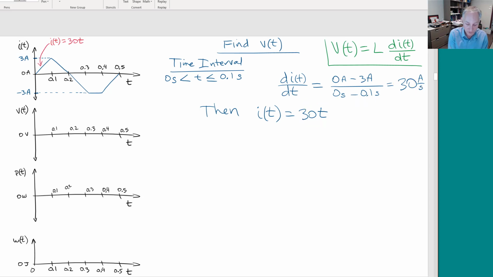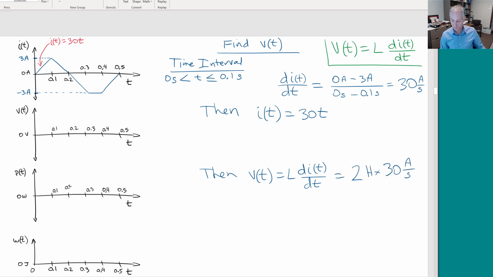So we can label that part of the graph as i of t is equal to 30t. Then let's find the voltage. The voltage, we know, is equal to the inductance times di/dt. Remember, our inductor was a 2 Henry inductor. That's what we started with on the first slide.